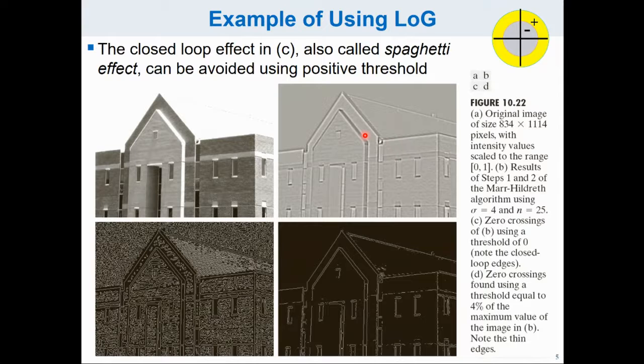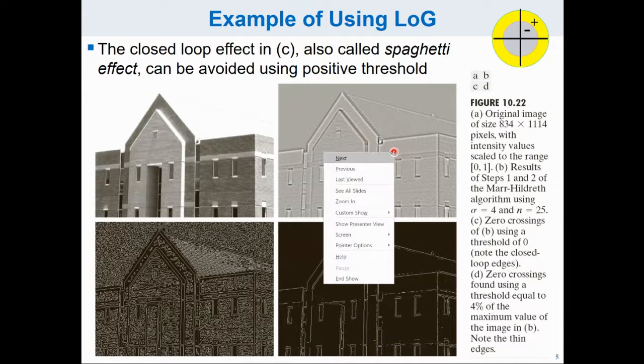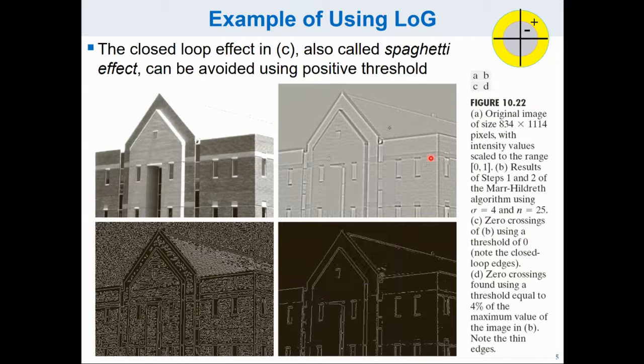Now I want to detect zero crossings because I need edges, so we examine pixels. For a pixel, I look at opposite sides, up and down, right and left, and the diagonals. If there is an opposite sign, then that's an edge point. If I use this technique, that's what I get over here. This is the spaghetti effect.